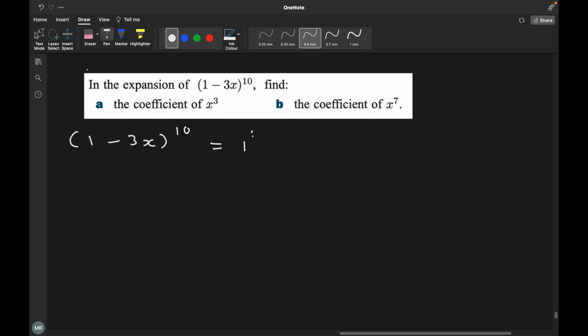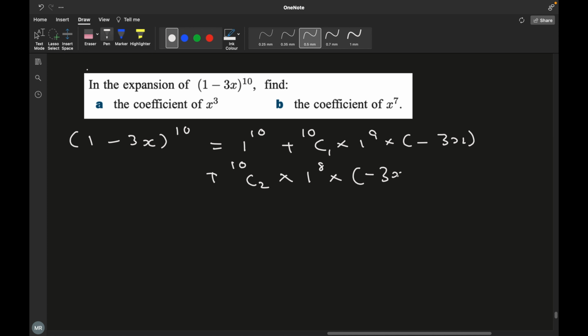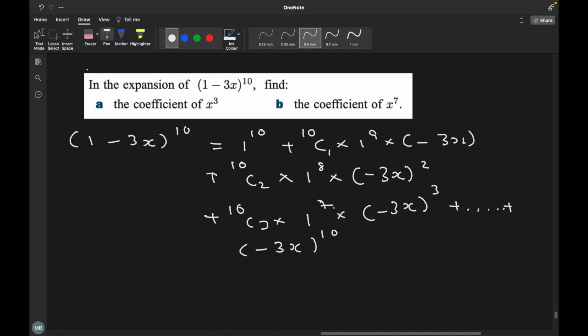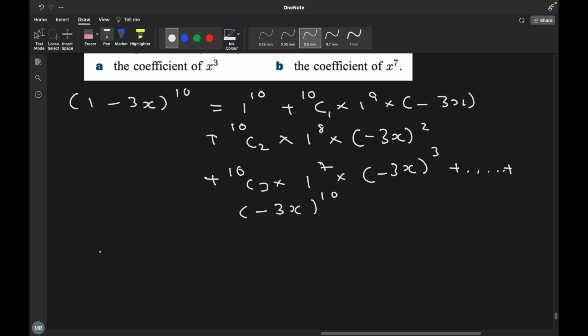This is going to be 1 to the power of 10 plus 10C1 into 1 to the power of 9 into negative 3x, plus 10C2 into 1 to the power of 8 multiplied by (negative 3x) squared, and plus 10C3 into 1 to the power of 7 multiplied by (negative 3x) cubed, and so on, till (negative 3x) to the power of 10. This would be the x cubed term.